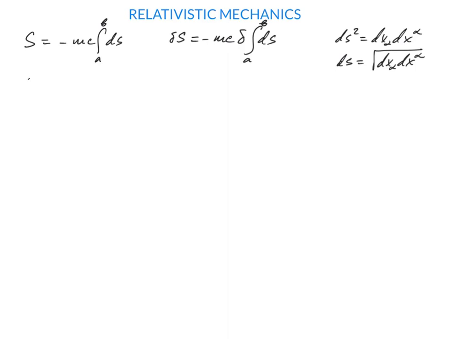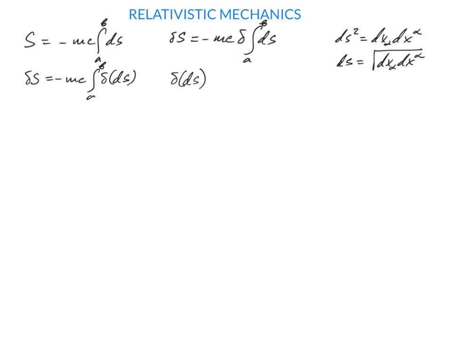So what we need to evaluate is the integral of delta ds. Now don't confuse the capital S for action and lowercase s for the interval. So what is delta ds? So we need to vary this quantity here.